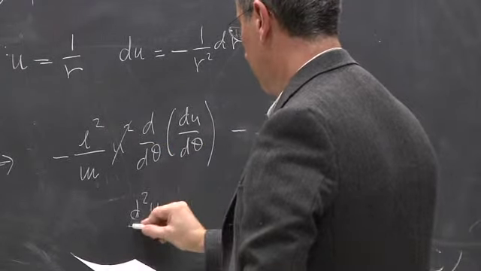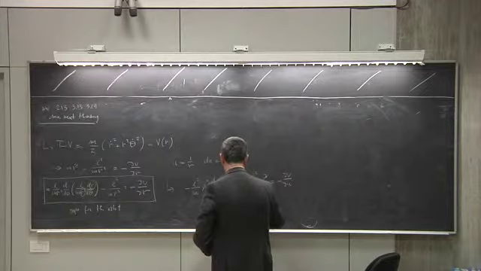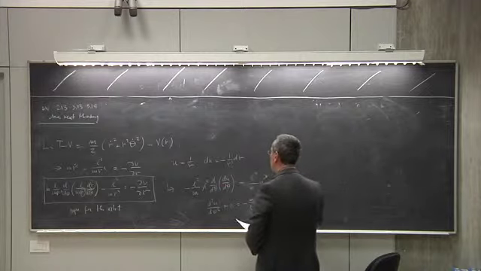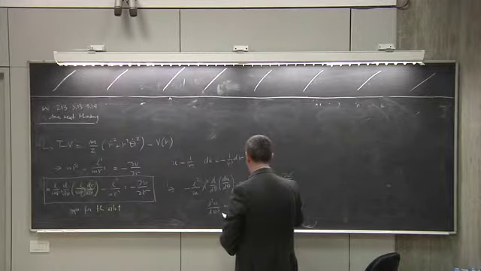The second derivative of u with respect to theta squared, plus, so you multiply by m l squared and bring it on the other side, plus u is equal to minus m l squared times the derivative of V of 1 over u. Now you get this extra 1 over u squared, but you see it's in this form.